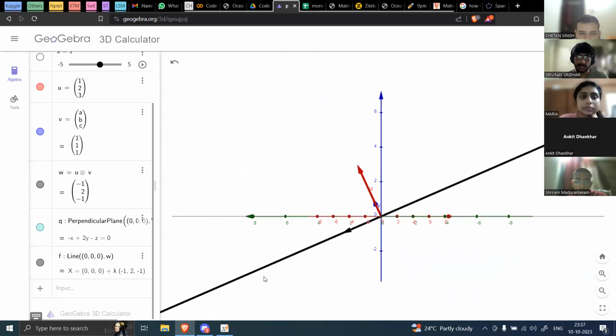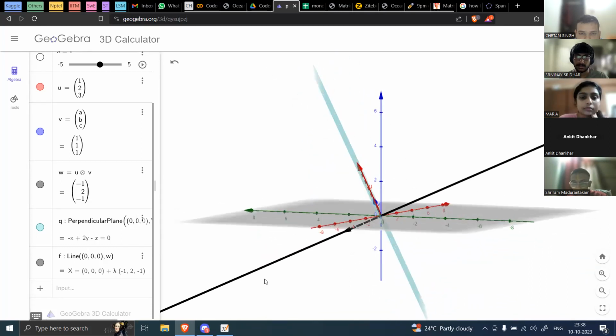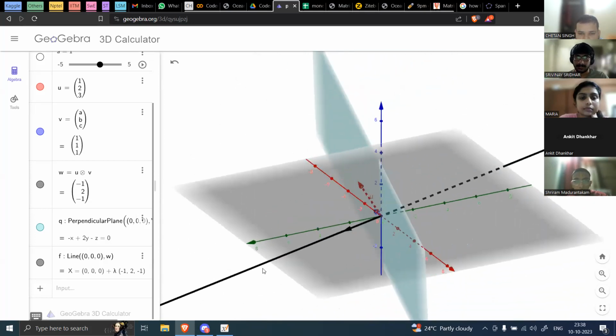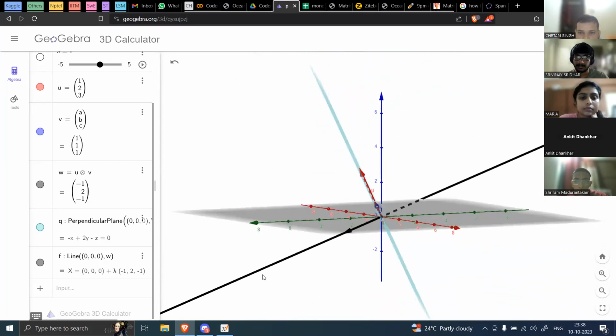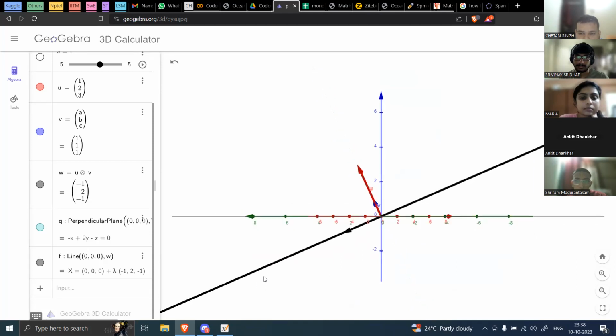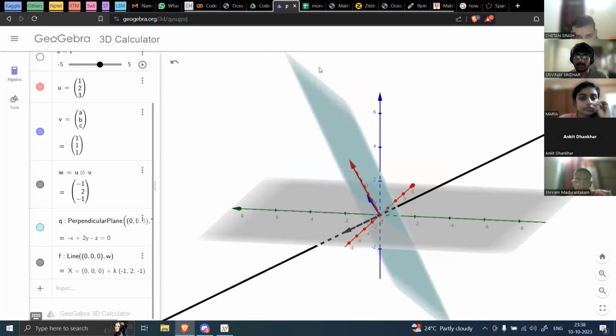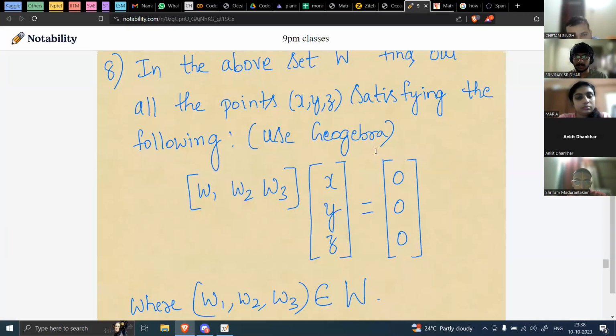So the vector also passes through 0, 0, 0, and the plane also passes through 0, 0, 0. Okay, all good. I think this is what the question was talking about, right?